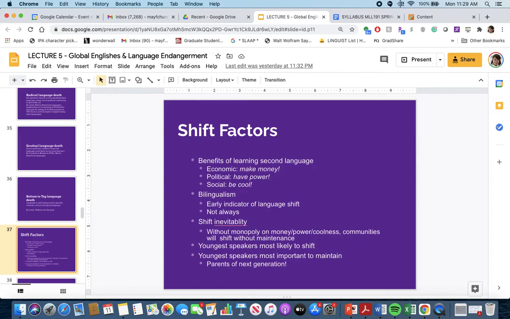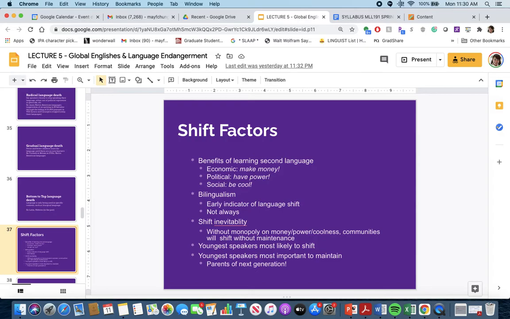Communities will shift without maintenance. There could be something political that's happened. There could be something where they have lots of pride, right? A lot of people might have German ancestry or Italian ancestry, but at the time in America, when your grandparents or great-grandparents came, it was very hard to speak Italian or German. People looked down upon you and really discriminated against you.